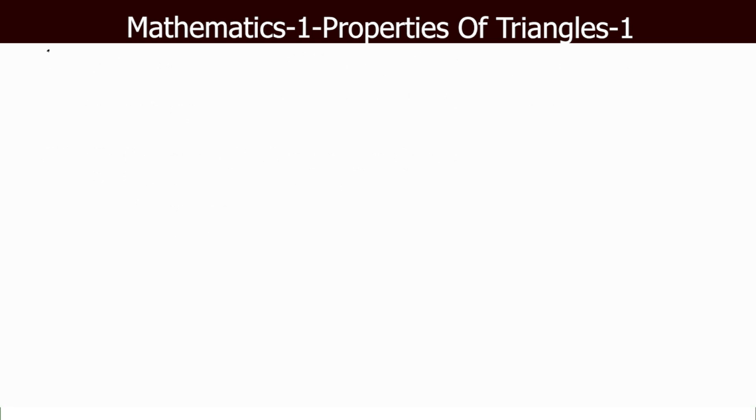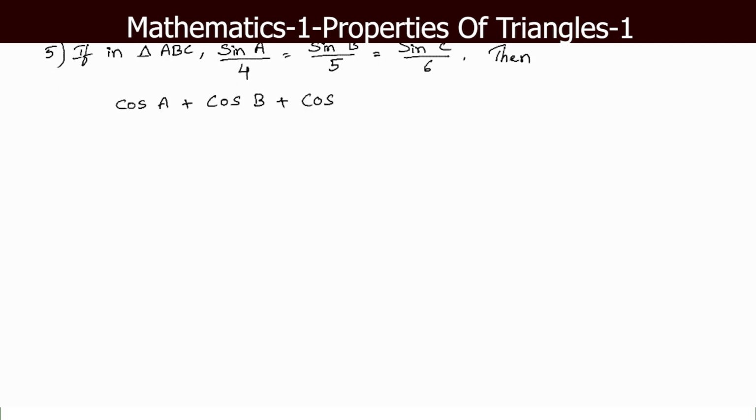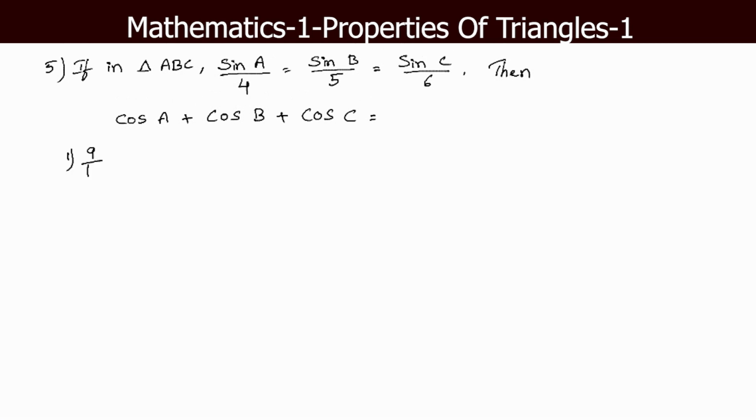Next, 5. If in triangle ABC, sin A by 4 is equal to sin B by 5 is equal to sin C by 6, then cos A plus cos B plus cos C is: 1. 9 by 16, 2. 19 by 16, 3. 23 by 16, 4. 27 by 16.